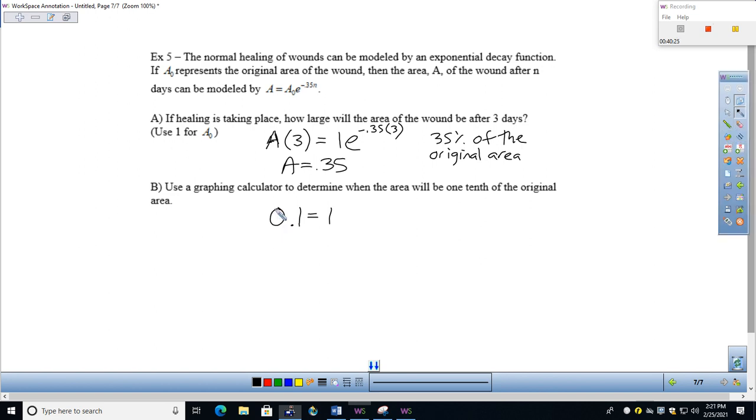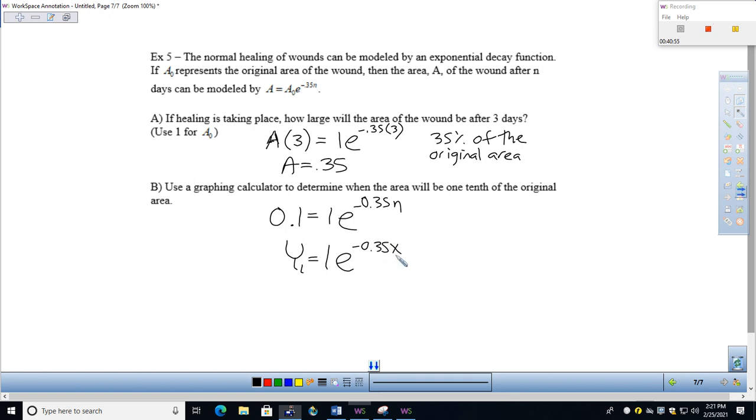So 0.1 equals 1 times e to the negative 0.35 and something like that. Now, to solve this algebraically is actually not too bad. We just don't have the background at this stage to do it, but very soon we certainly will. So when that time arises, it'll be easier than putting it in the graphing calculator. But for right now, everybody, I'm afraid that is what we have to do.